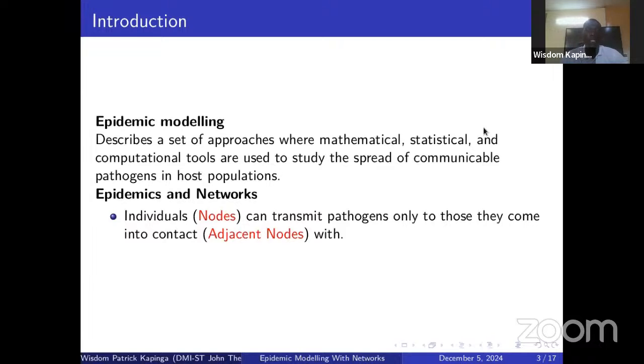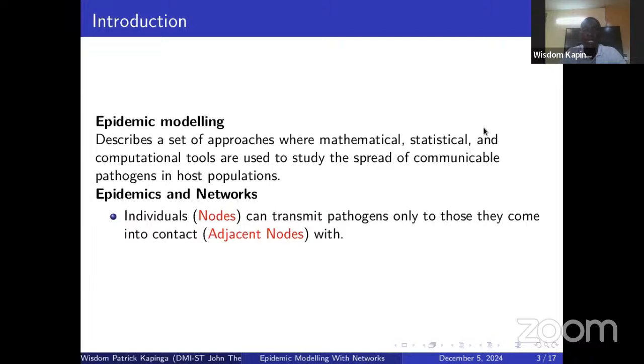On the other hand, when we look at the combination of epidemics and networks, the concept of networks comes from graph theory in mathematics, whereby you have a set of edges and a set of vertices, where the vertices are sometimes called nodes, and the edges are sometimes called links.